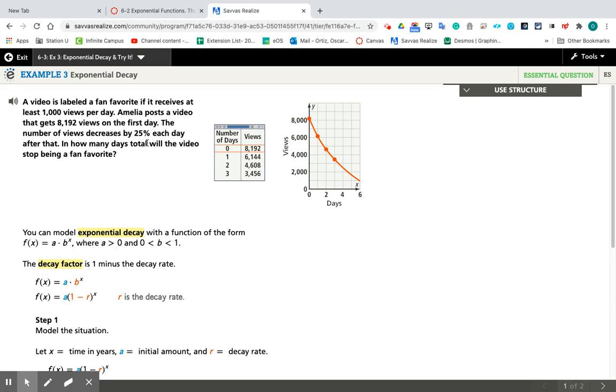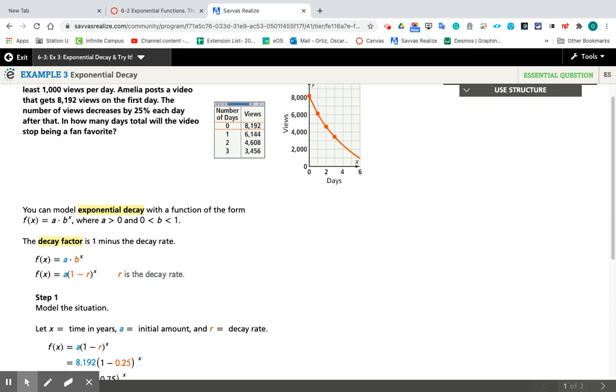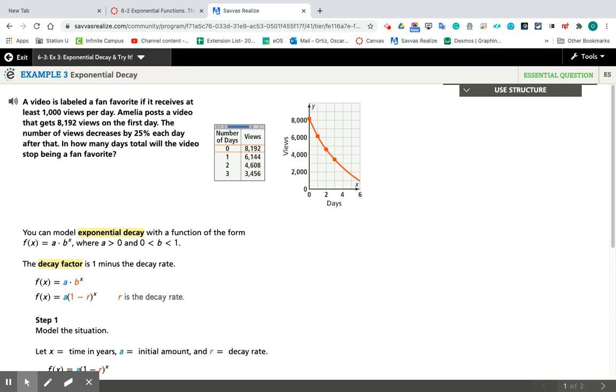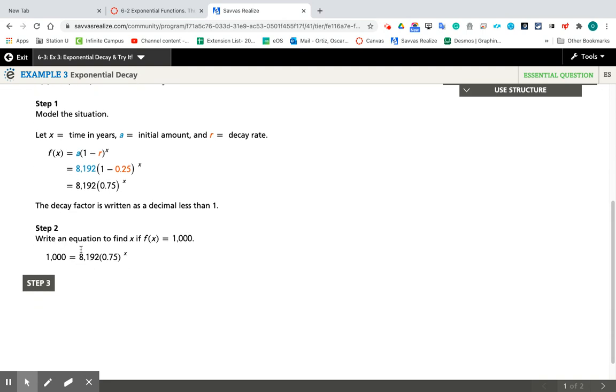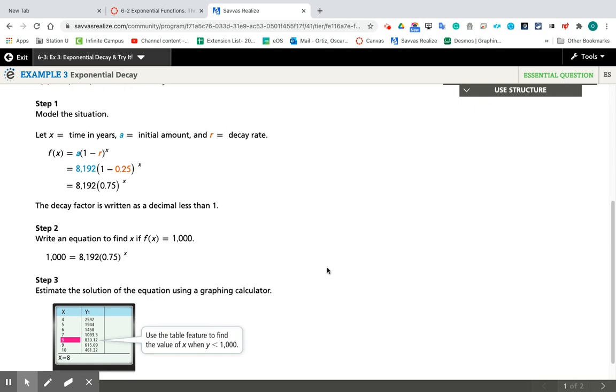So, in how many days will the video stop being a fan favorite? And notice that it is with less than 1000. So I need to find out when this is less than 1000. So we can set up an equation like this, and we can use a calculator to answer that question.